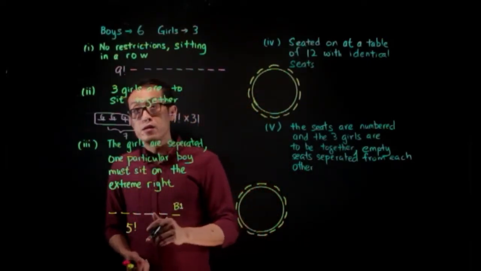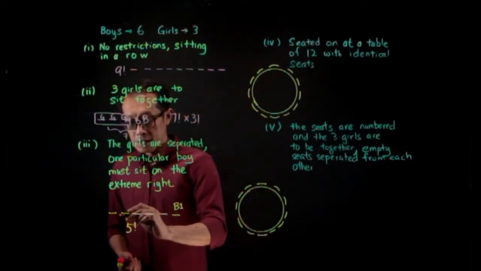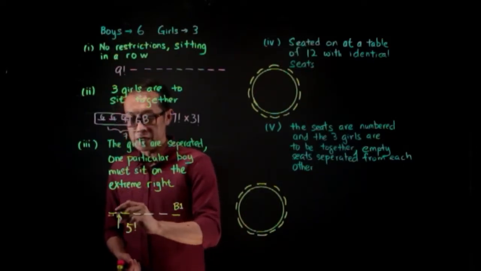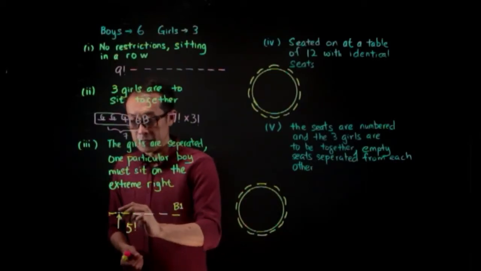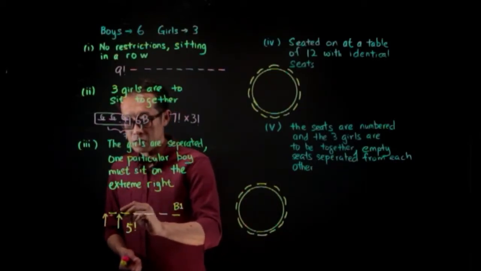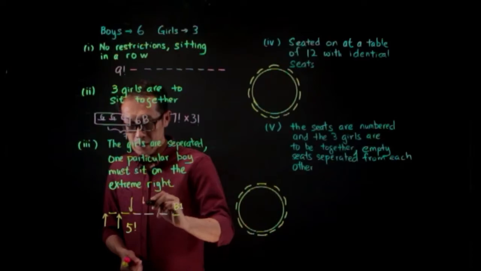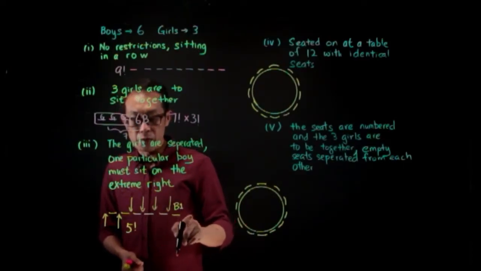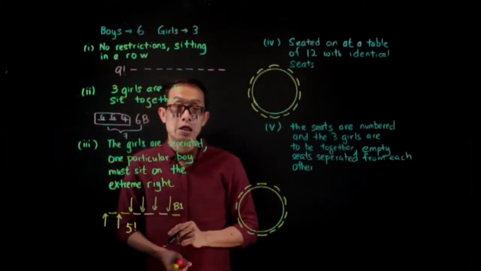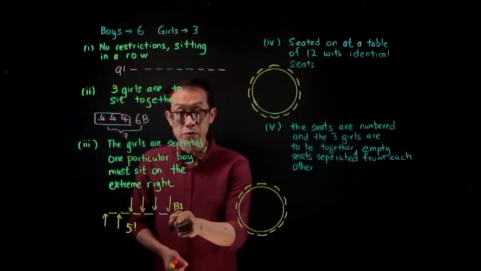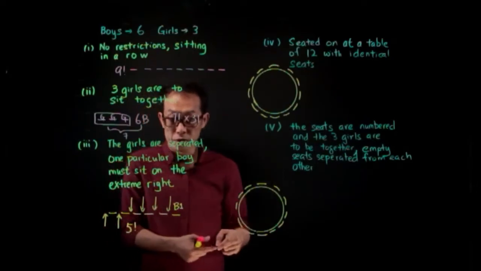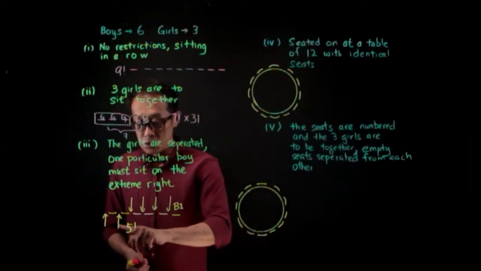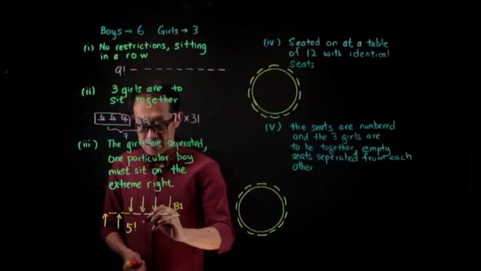Now, after that, you try to fill in the chairs. How many ways can the chairs be slotted? They must be separated. So you have 1, 2, 3, 4, 5, 6. You cannot put any chairs here, because the boy B1 is supposed to be on the extreme right. So you have 1, 2, 3, 4, 5, 6.